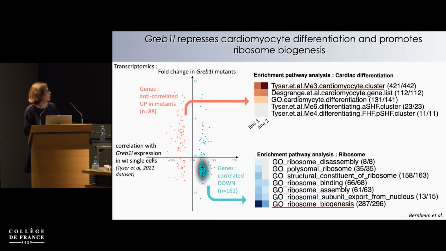In reverse, we found gene lists which tend to be correlated with the expression of Grhl1 and are downregulated in the mutants. These correlate with the GO-terms associated with ribosome, and more specifically with ribosome biogenesis.